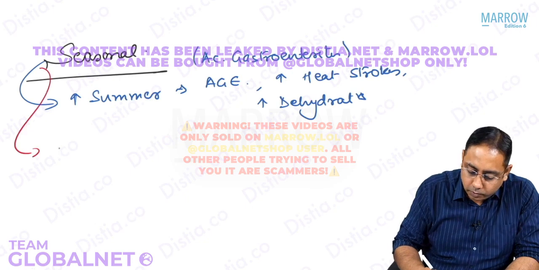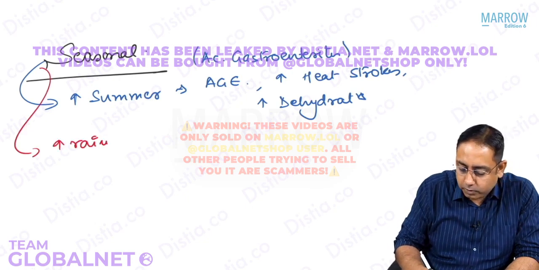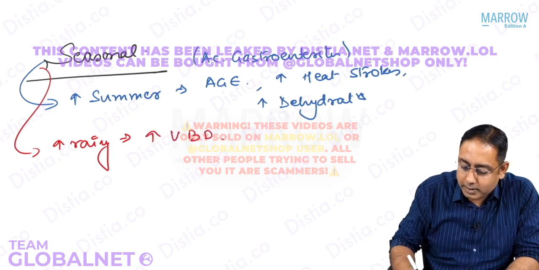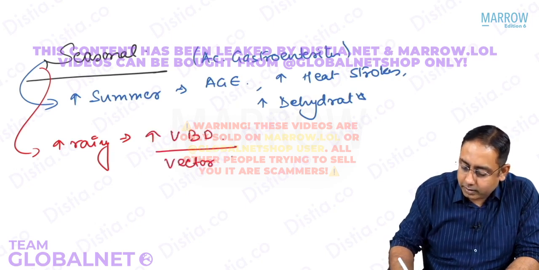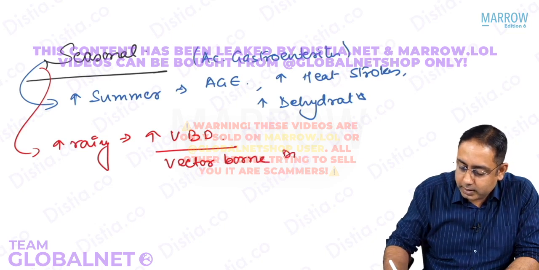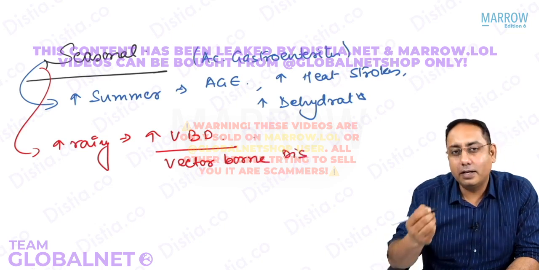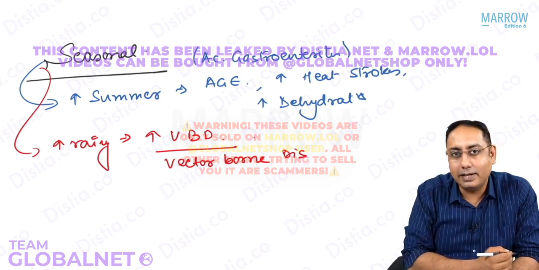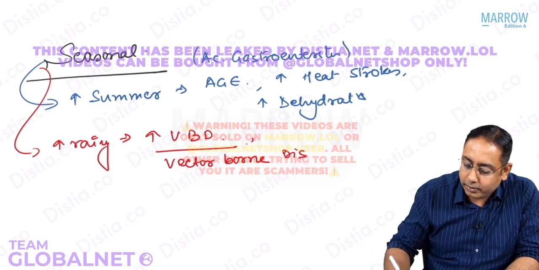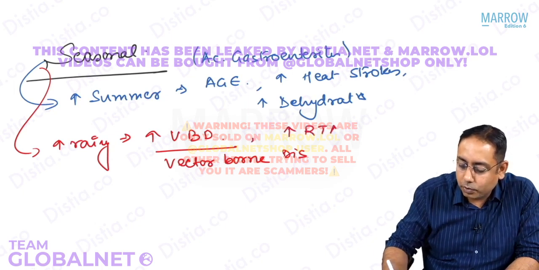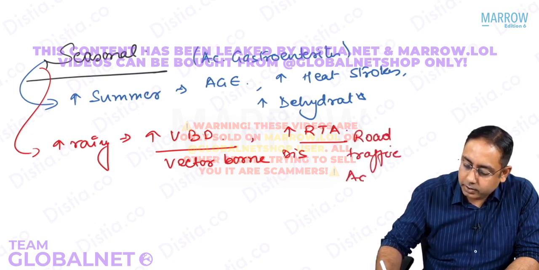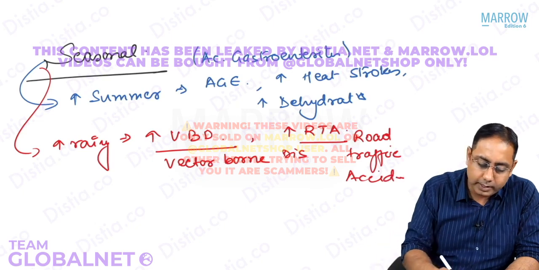In monsoon, what is more in the rainy season? Don't you think there are more vector-borne diseases? VBD stands for vector-borne diseases like malaria, lymphatic filariasis, Japanese encephalitis. They are particularly more during the rainy season. Also in the rainy season, there are higher chances of road traffic accidents. RTA stands for road traffic accidents. So that is also more during the rainy season.